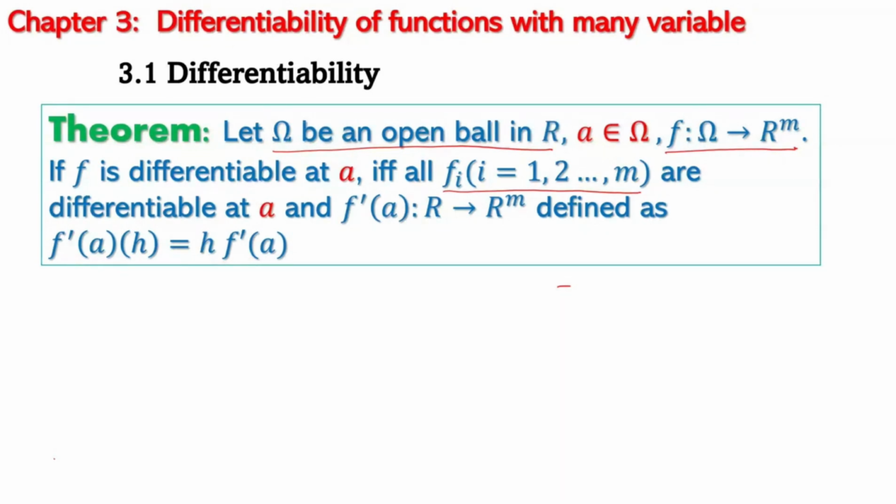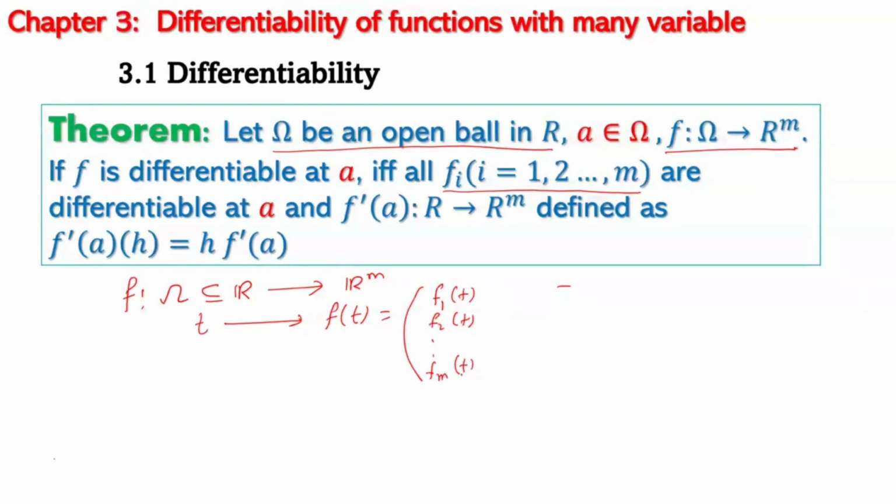So here is the interesting part, so let's explain this theorem. Here f is from omega, a subset of R, to Rm. Therefore t is a single variable and we have f of t. Because it is in Rm, you will have f1(t), f2(t), up to fm(t); the m components will be there.